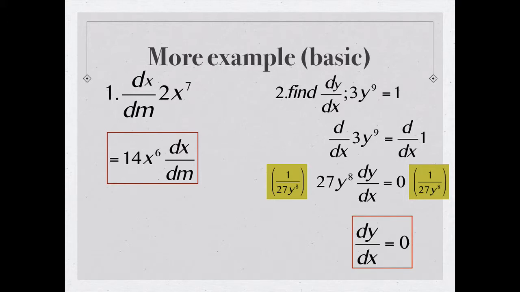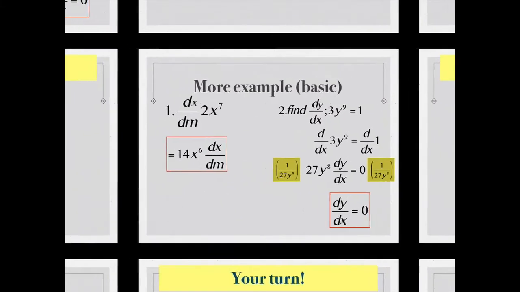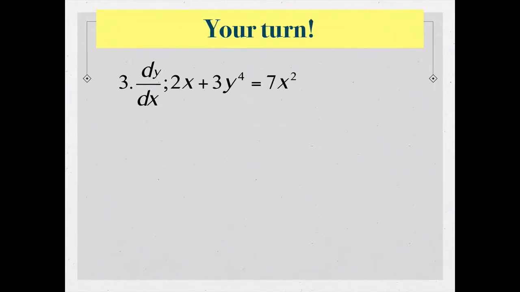Therefore, the derivative of 3y to the 9th equals 1 is equal to 0. Now try to use the implicit differentiation for example number 3.